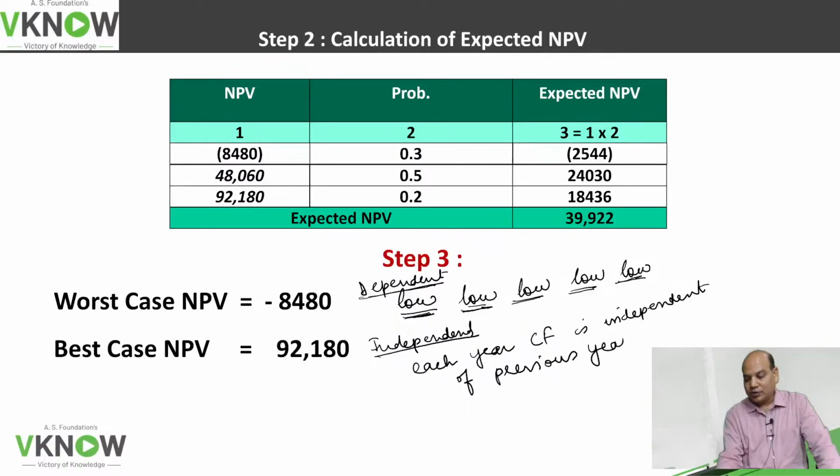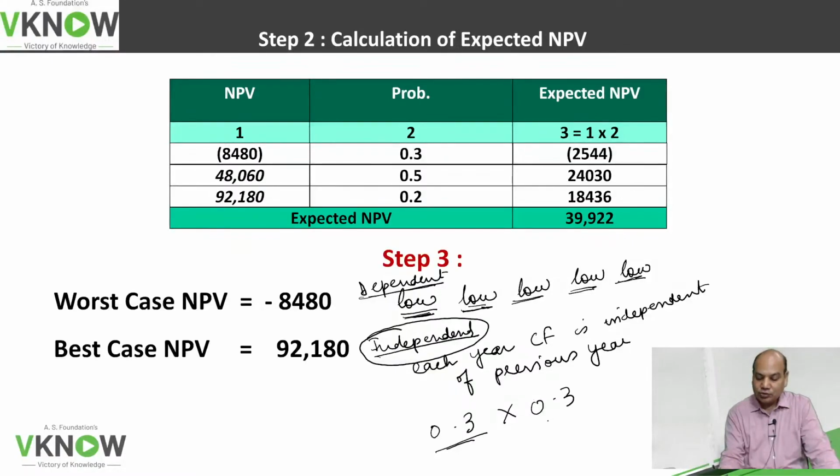Now my question is, if cash flows are independent in each year, so if the probability of getting negative 8480 is 0.3, every year cash flow is independent of the previous year, so I'll get 0.3 into 0.3 into 0.3 into 0.3.